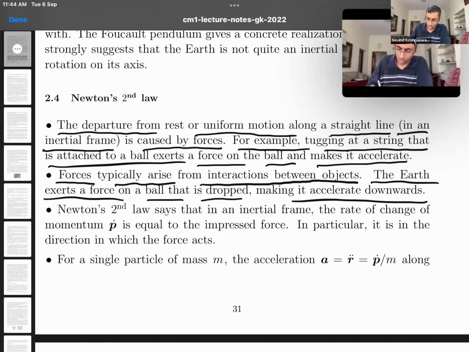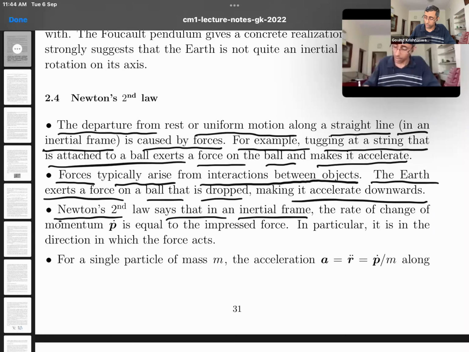So Newton's second law says that in any inertial frame. Notice that the very statement assumes that an inertial frame exists, so this is not an empty statement. It is in that sense that Newton's second law is based on Newton's first law. Without Newton's first law, the statement itself will not make sense.